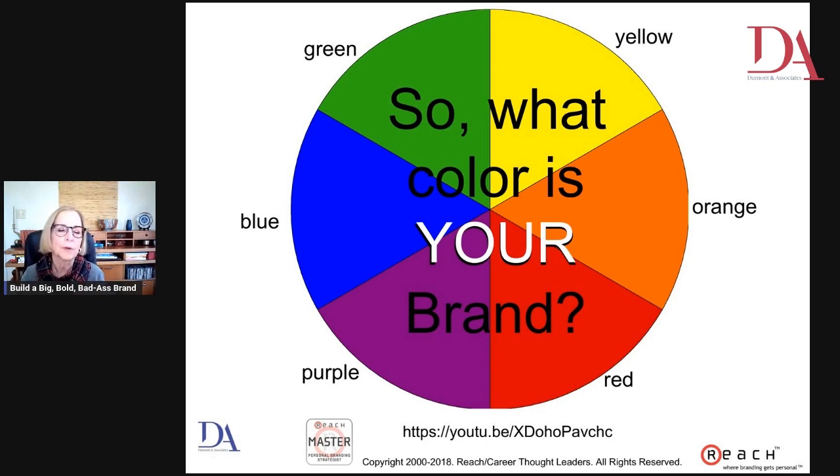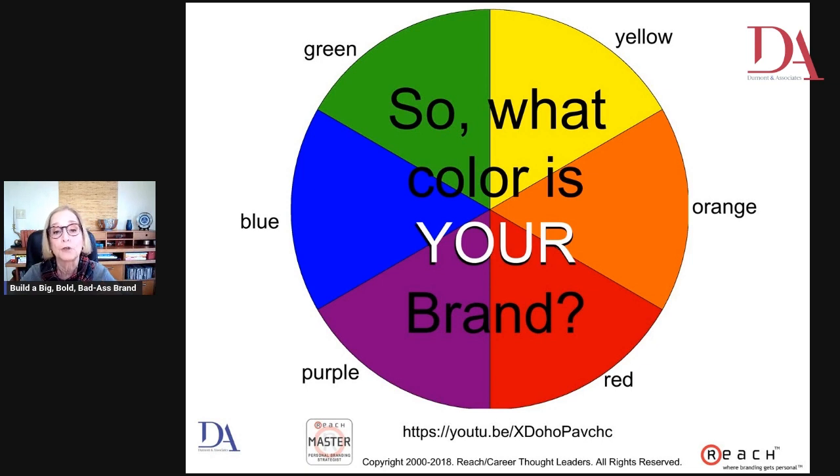And your brand color is really, really important because remember, color evokes emotions. So if your brand color is blue, people see you as trustworthy, honest, knowledgeable, dependable. Think of IBM, for years known as Big Blue, and banks use blue a lot in their signs.